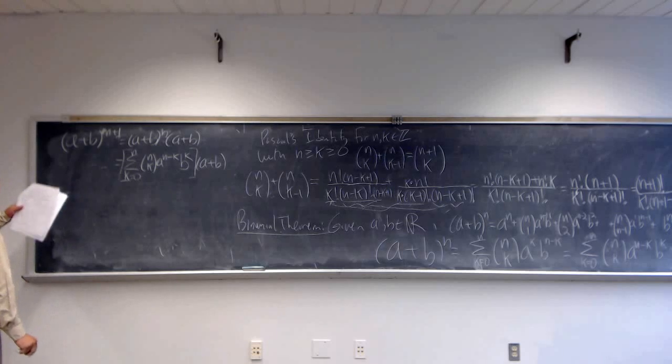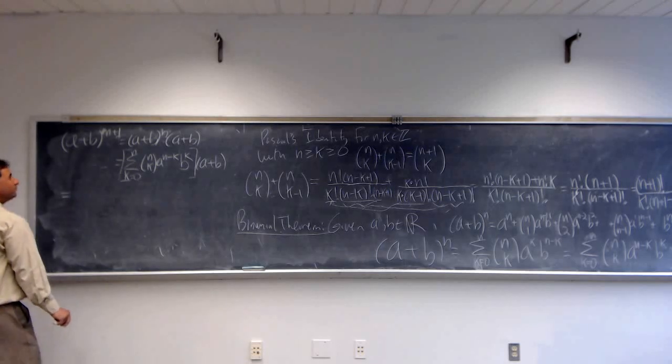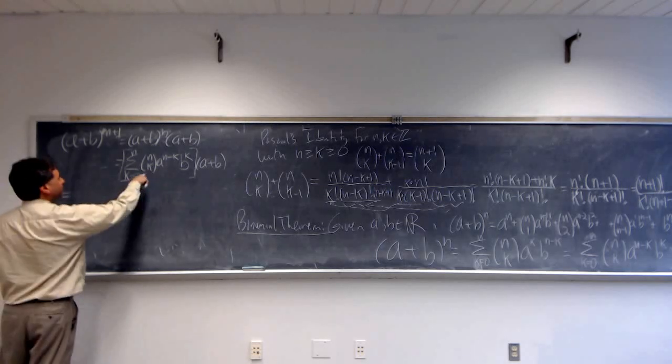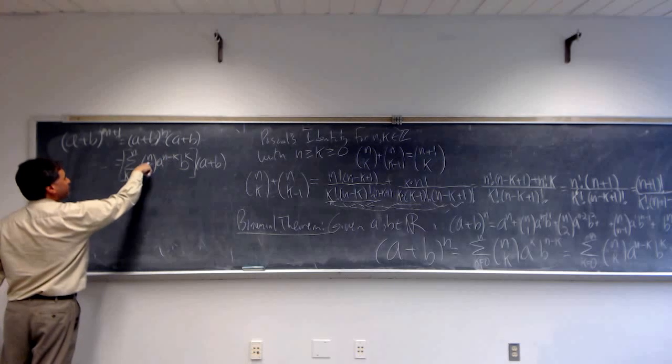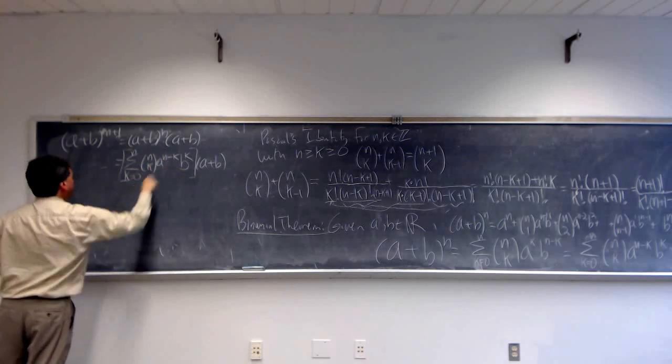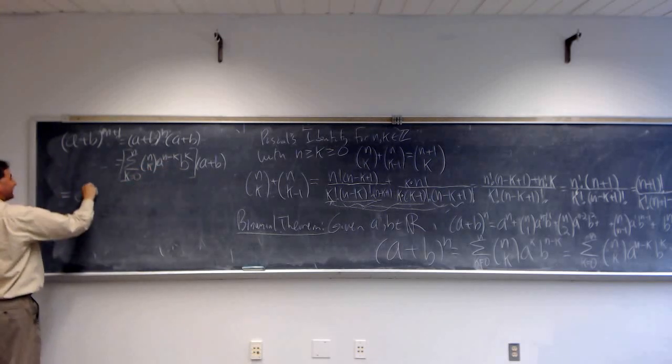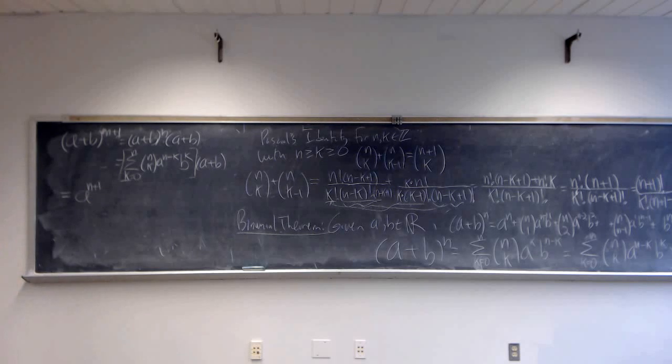But what's going to happen here? Well, think about the first term: when you have k equal to 0, that's 1 times a to the n, times a, so we're going to have a to the n plus 1.